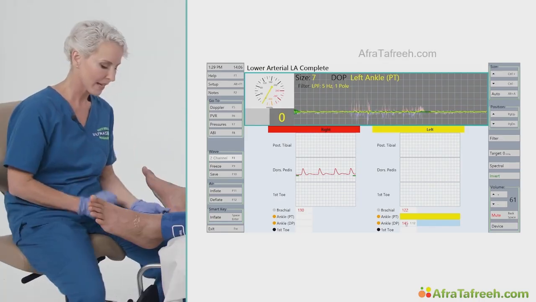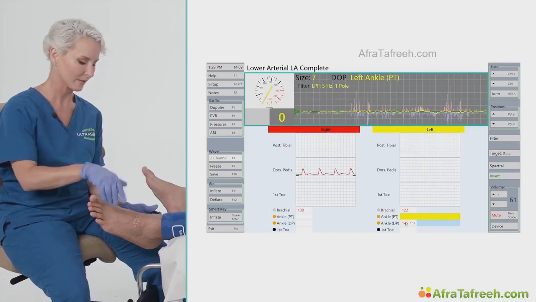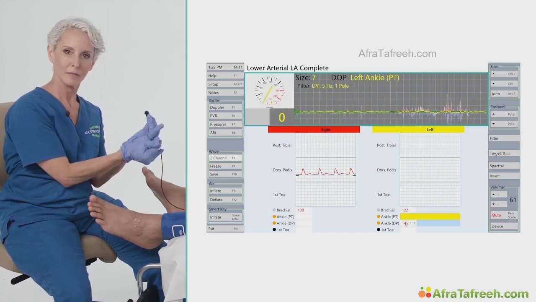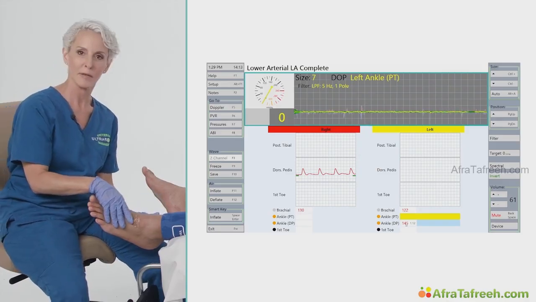I'm also going to switch hands and hold the probe with my left hand and position my fifth digit on the heel of the patient's foot.